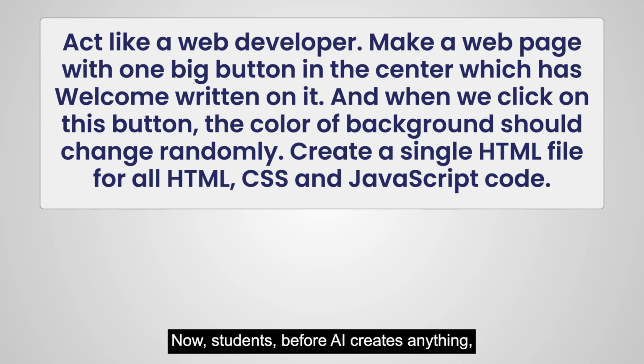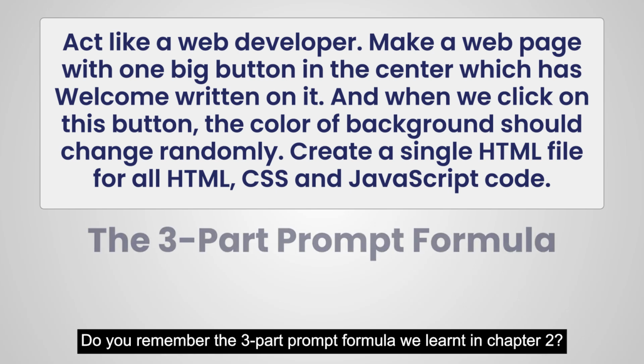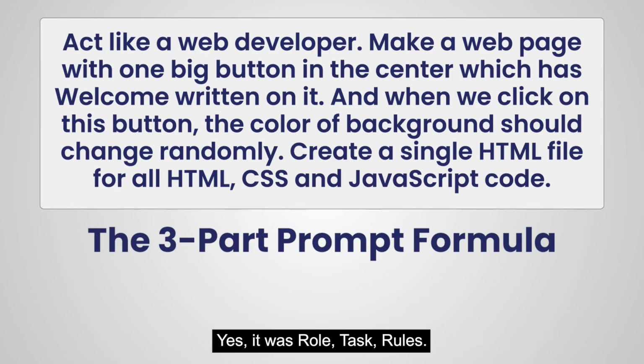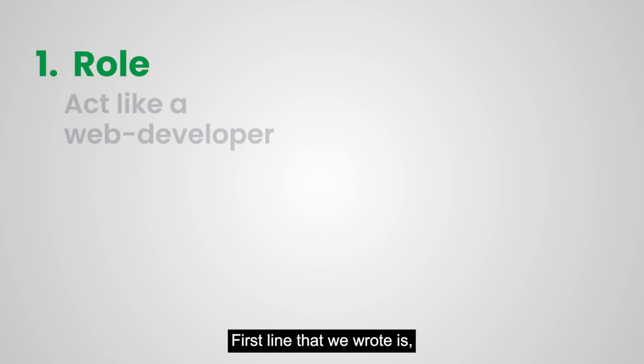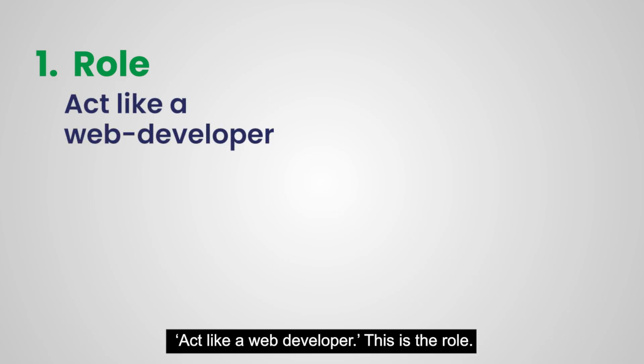Now students, before AI creates anything, let us carefully understand this prompt. Do you remember the 3-part prompt formula we learned in chapter 2? Yes, it was role, task, rules. Let us understand it together. First, role. First line that we wrote is act like a web developer.